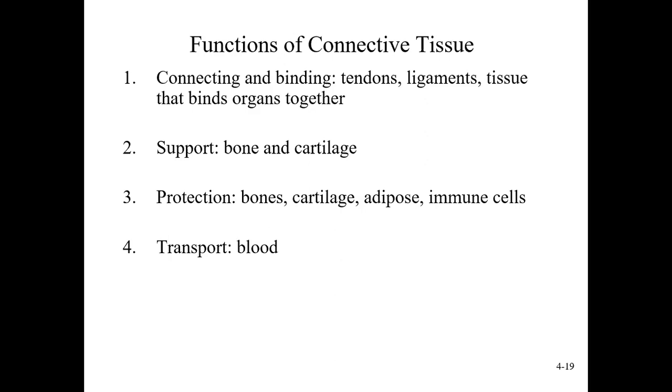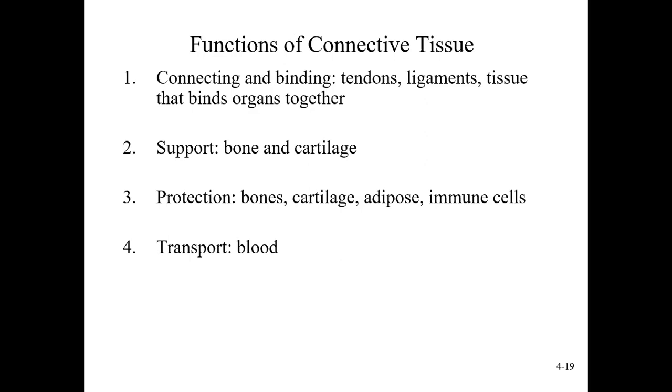Adipose, that's a special type of connective tissue that stores lipids or fats. That has a protective nature because it helps to cushion the body and the vital organs. And then you have immune cells that are really part of connective tissue. That goes along with number four, transport, because your blood is a connective tissue.